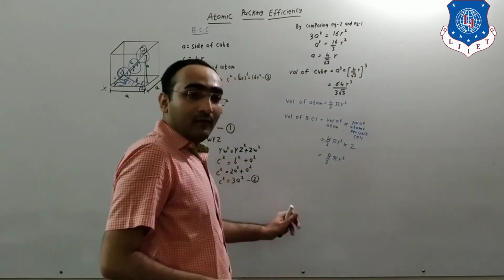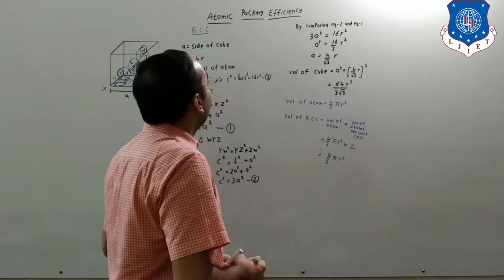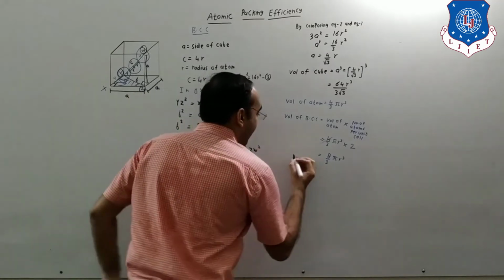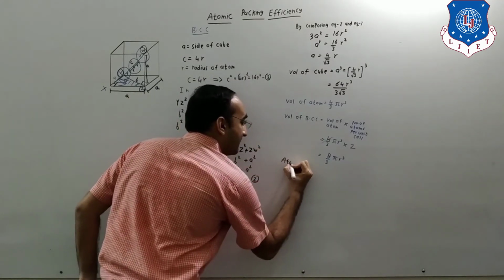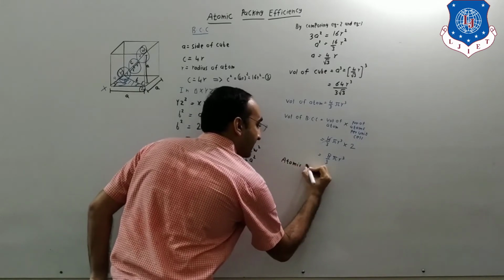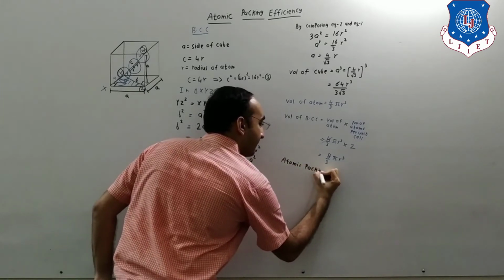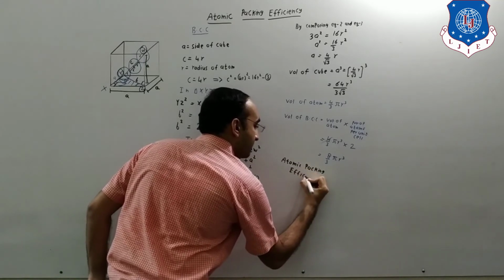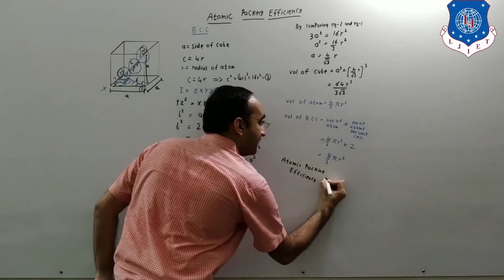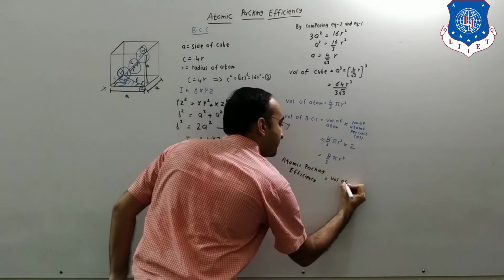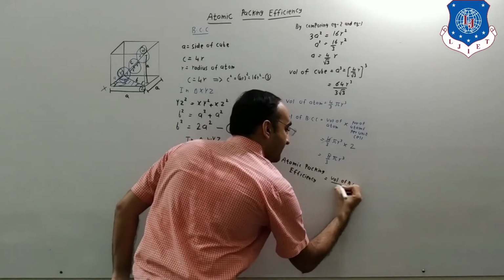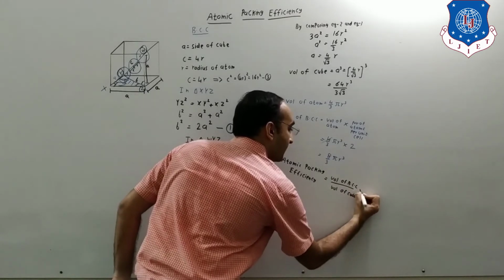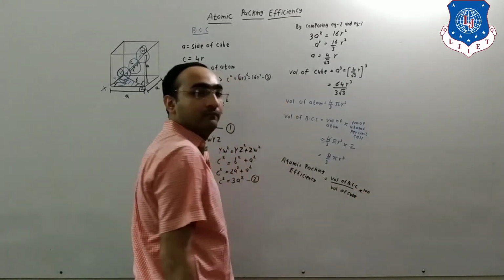Now, what do we want to find out? That is atomic packing efficiency. So for finding out atomic packing efficiency, it will be equal to volume of BCC divided by volume of cube multiplied by 100.